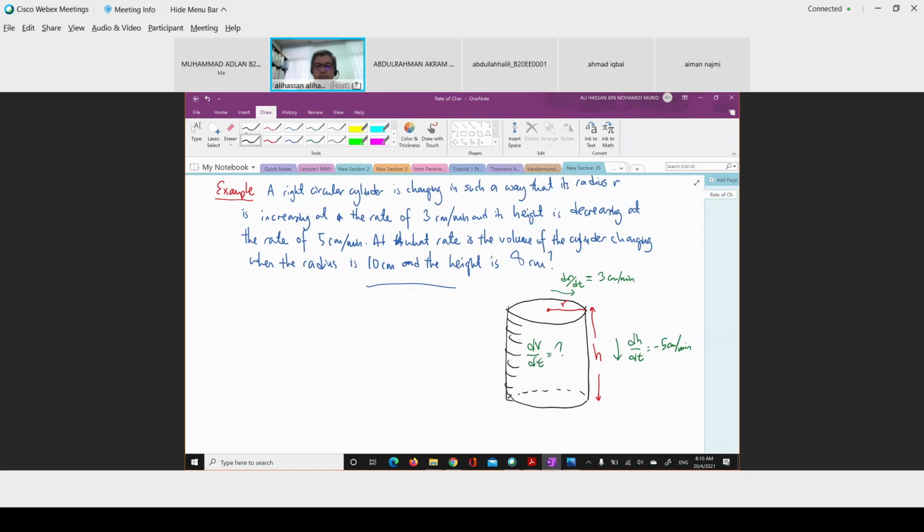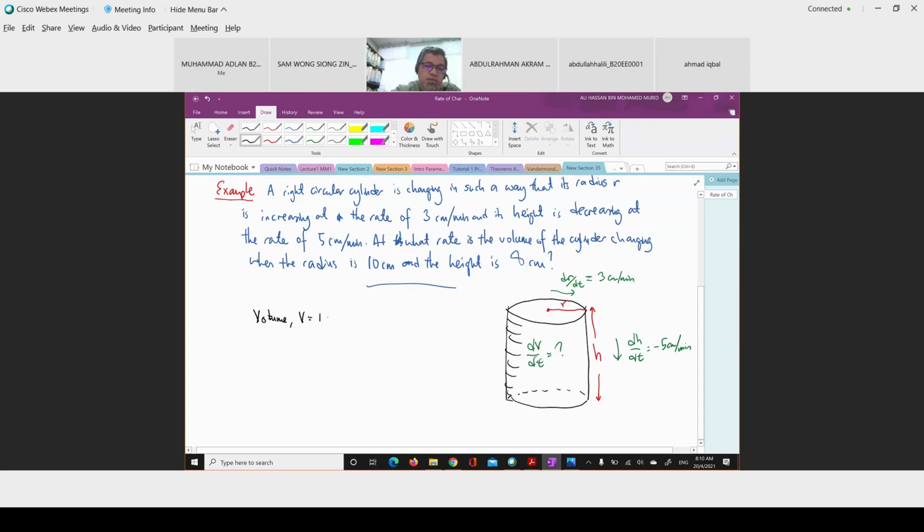Okay, what is the relationship between V, r, and h? Can anybody tell me the relationship? Pi r square h. Yeah, the volume is pi r squared h, right? So we can think of V as a function of r and h.